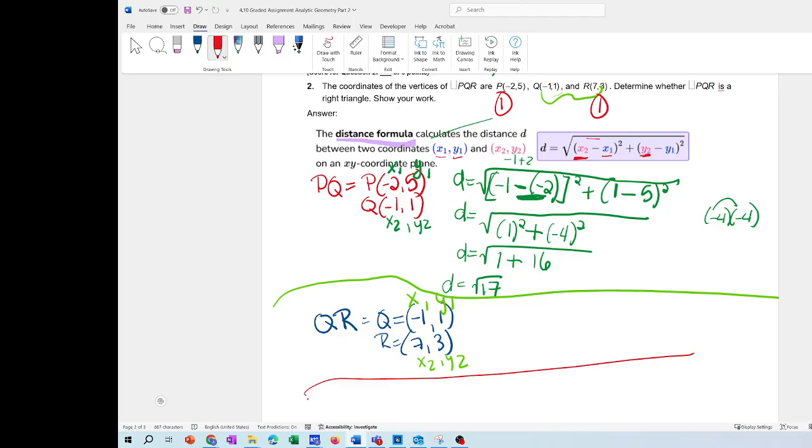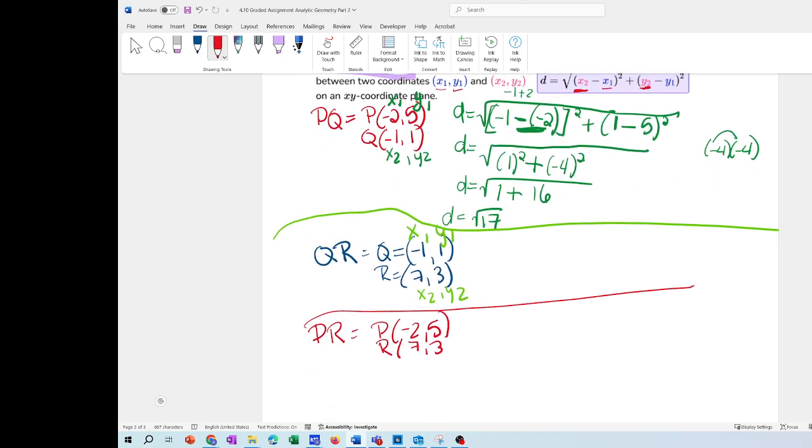So now the distance of PR. You can do P, which is -2, 5, and then R, which is 7, 3. I already have PQ, square root of 17, QR, -1, 1, 7, 3, and then PR, which is the first one and third one.